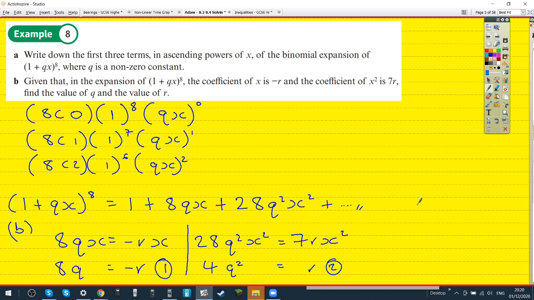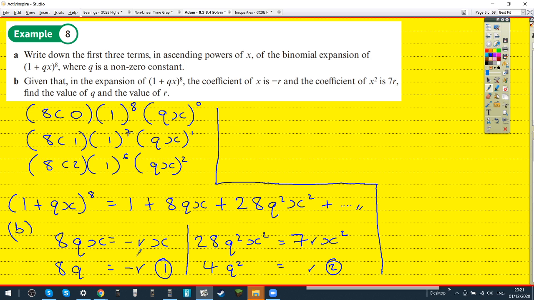So then could you do 4q squared equals minus r? No. Our equation 1 is equal to minus r. Make it equal to plus r.